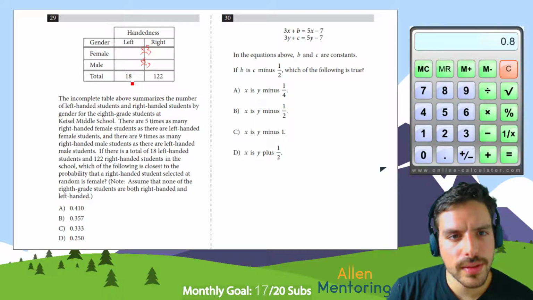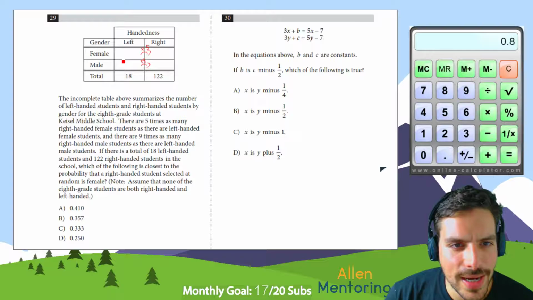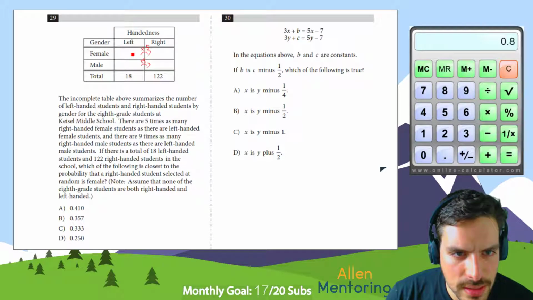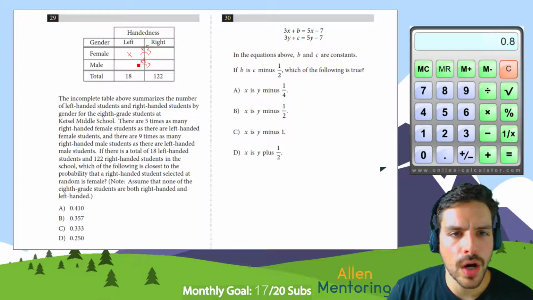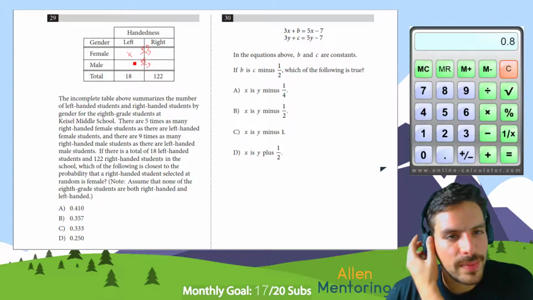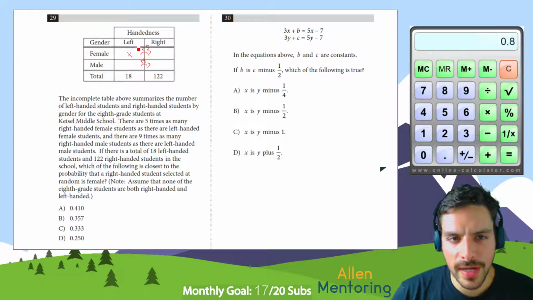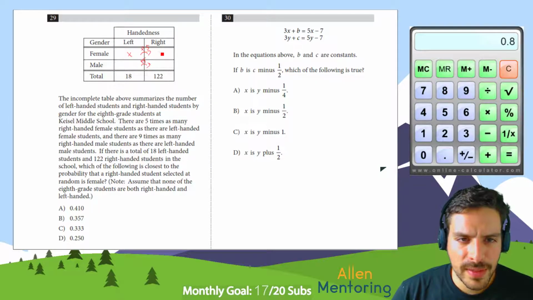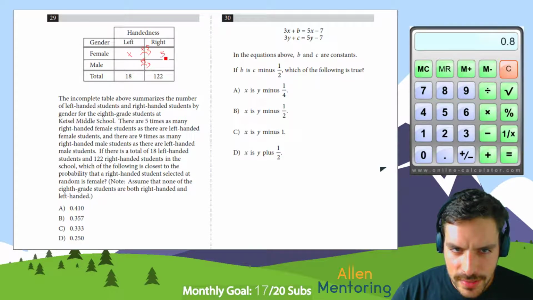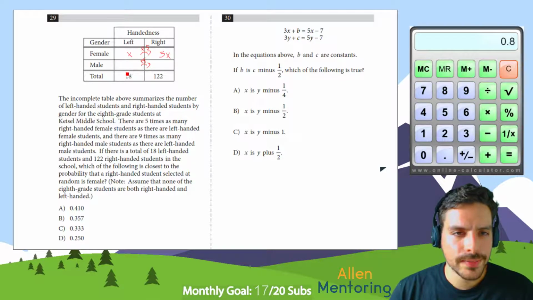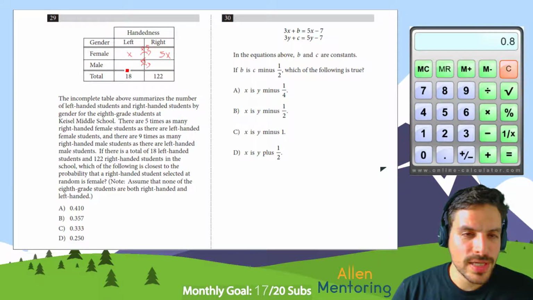Okay, so let's say X represents the number of female students who are left-handed. So the number of female students who are right-handed will be 5X. Now the number of male students, how can we represent that?